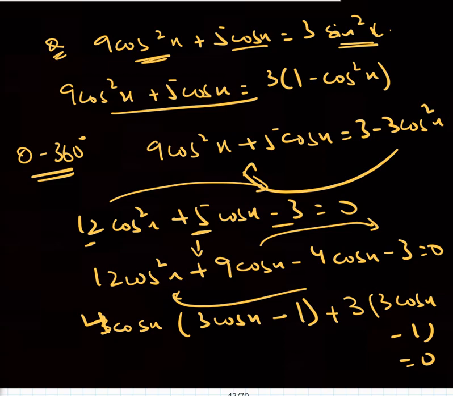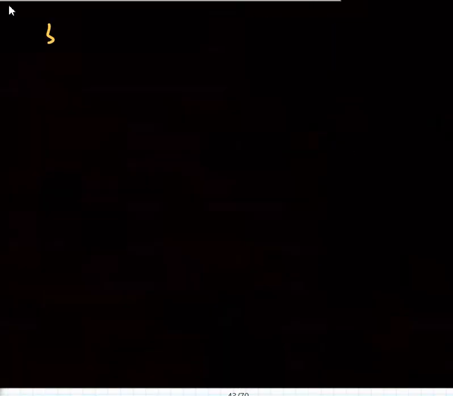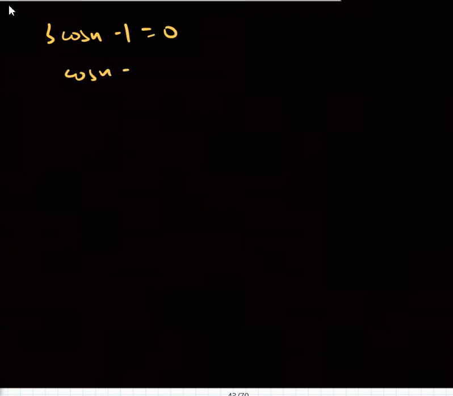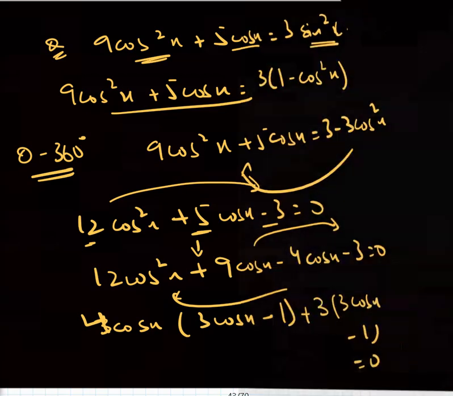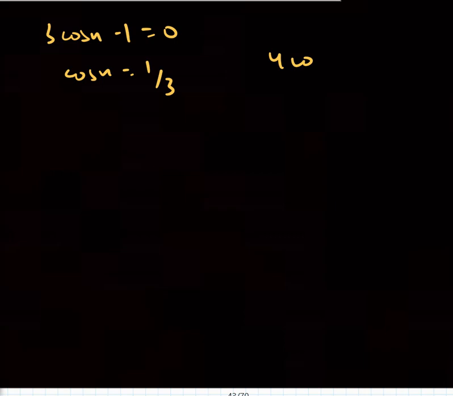So we have two equations. 3 cos x minus 1 equals 0, so cos x is equal to 1 over 3, and the other one is 4 cos x is equal to minus 3, so cos x is equal to minus 3 over 4.